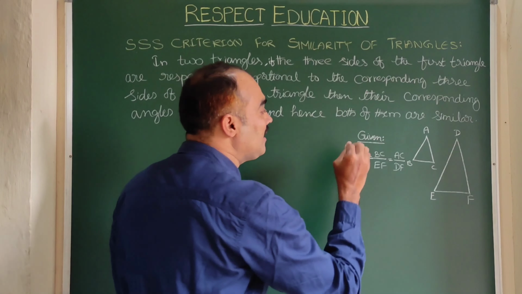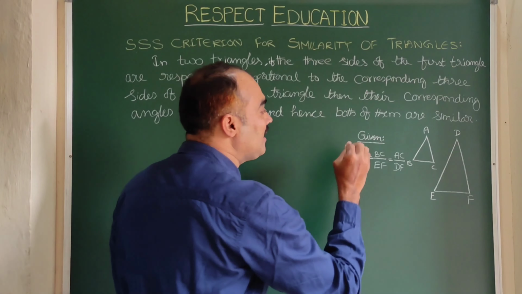The construction is that locate a point P on DE and at the same time locate Q on DF, such that there is a condition. It doesn't mean that we can take P on DE and Q on DF wherever we need.